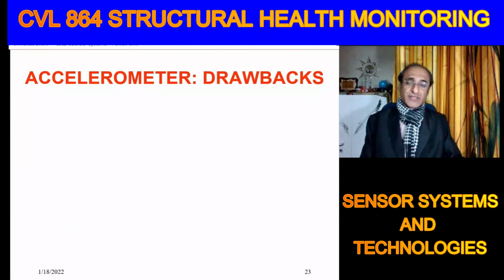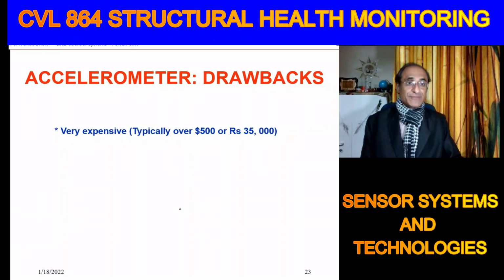So the accelerometer is a dynamic measurement device, so let's not compare it directly with the other sensors we have gone through today. From the point of view of cost, it is very high. The high accuracy accelerometers are quite expensive, but then we have MEMS type accelerometers.